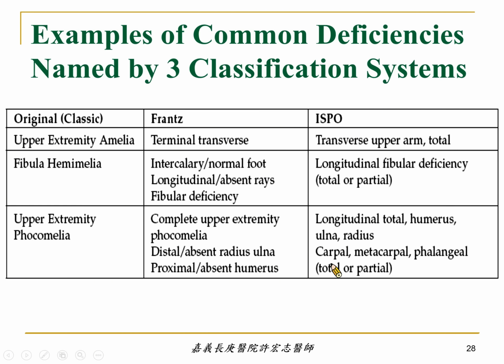Or if the patient loses his carpal, metacarpal, and phalangeal bones, in the ISPO system we note carpal, metacarpal, phalangeal, partial or total loss. So these are the three different classification systems, which can be compared by this easy comparison table.